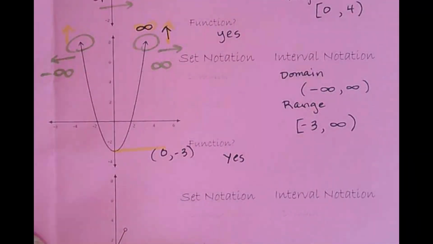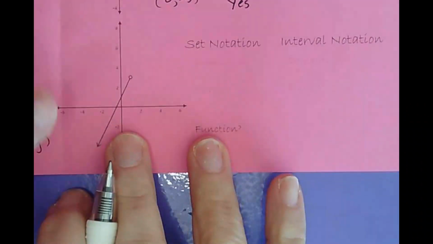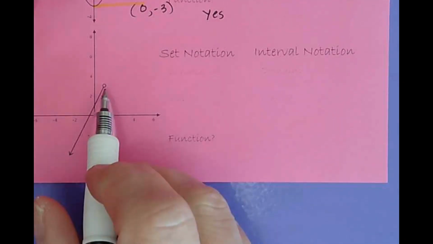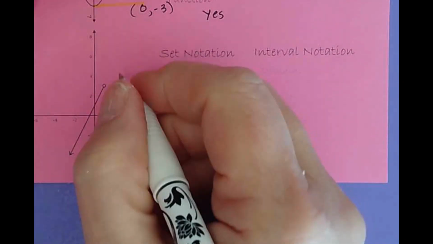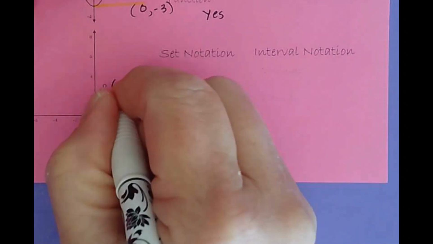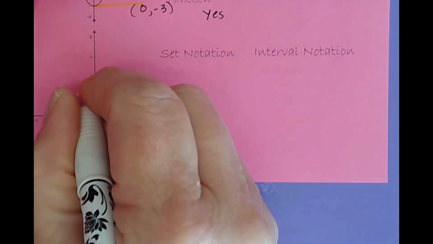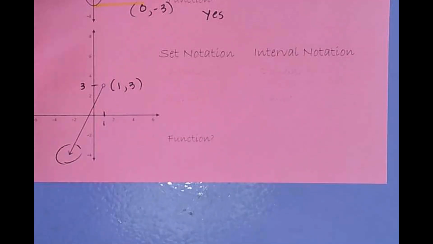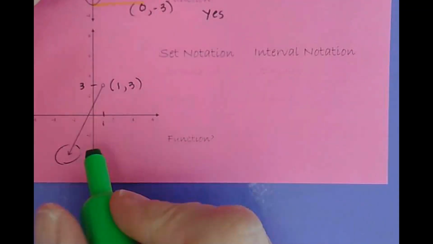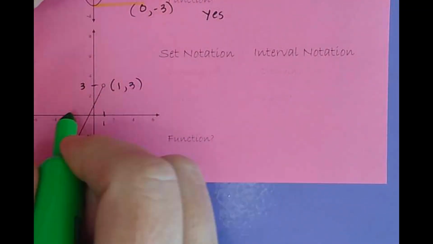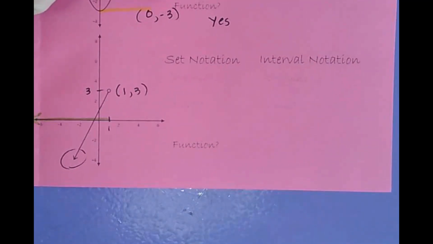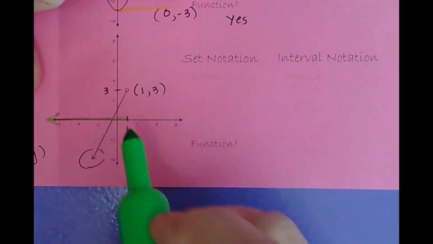Last example. I'll mark this point. This point is at 1, 3, and I have an arrow. So for my domain, I'm describing all x's from negative infinity up to 1.